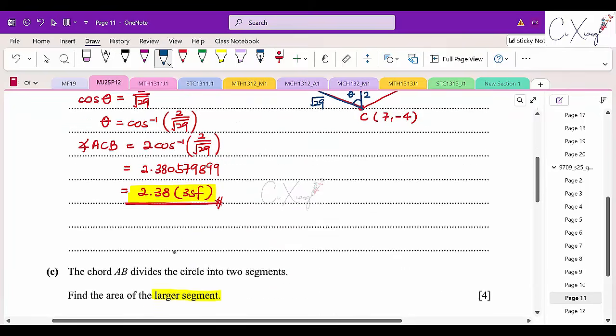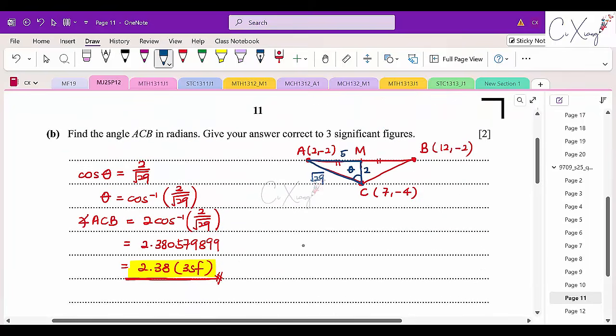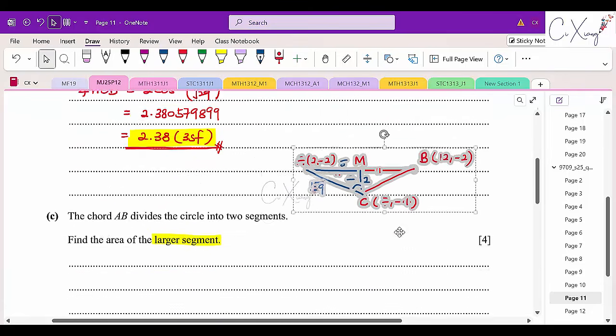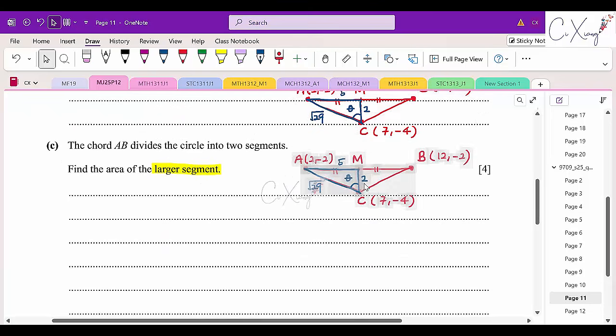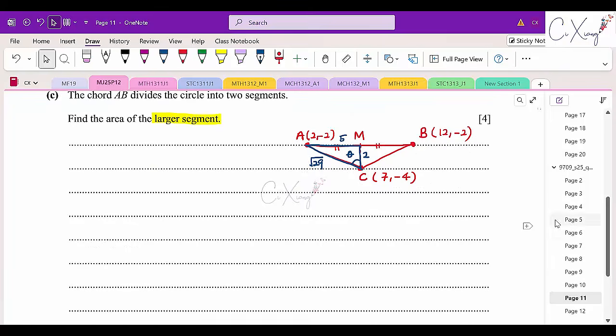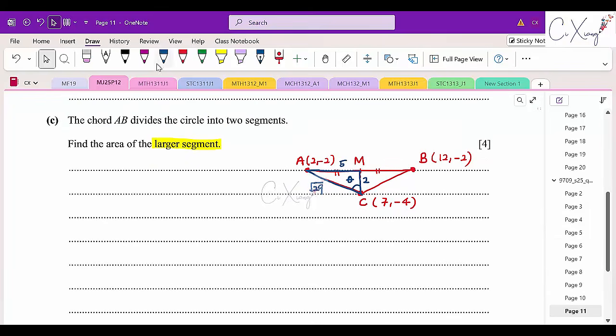To find out the area of the larger segment, I might need to have this triangle to help me a little bit. So let's copy it down. Right, so I want to find out the major sector first, yeah?